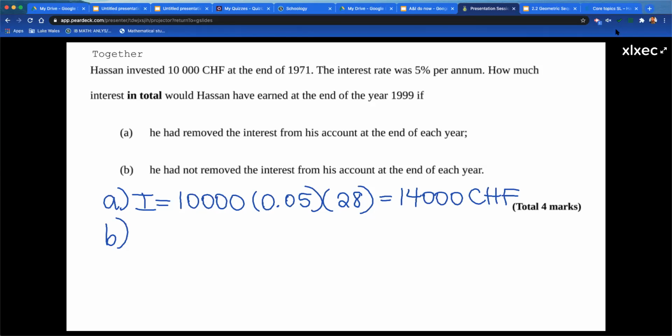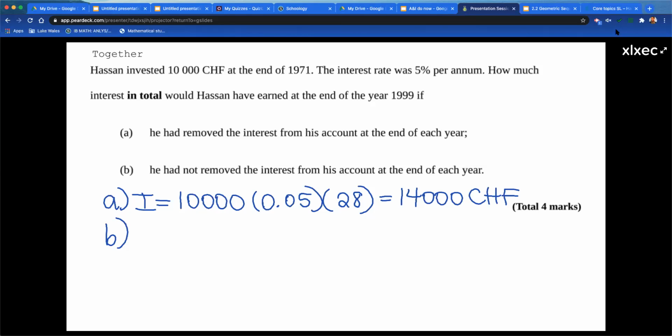It would be geometric. And we know this because it says that he's increasing at a particular percentage, right? Yes. So that percentage would basically tell us how much is increasing. So here, part B, we're not going to use the simple interest formula because he's not removing any interest from his account.